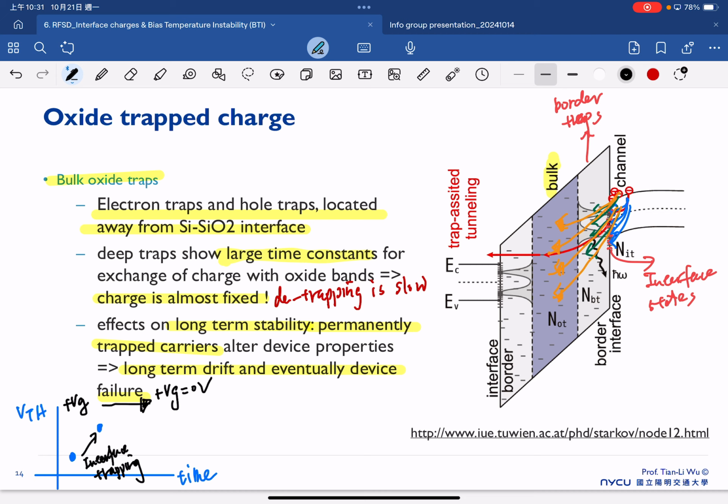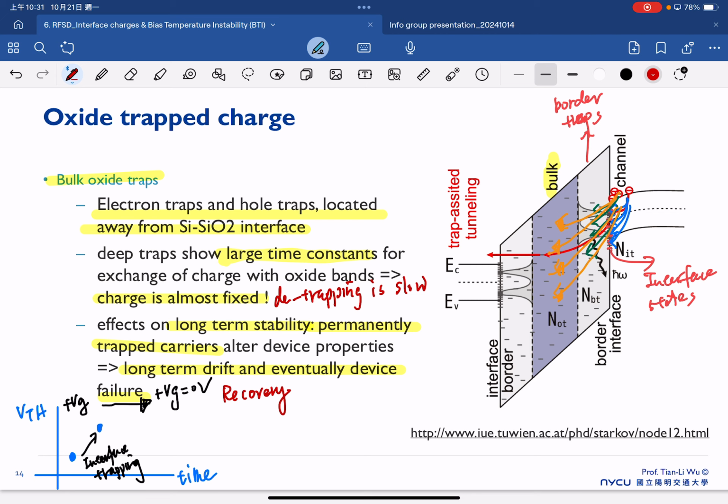So this is recovery understanding. We try to look at the recovery characteristic. Of course, this is interface trap, so we expect that the trapping time constant is small, so you can trap in, but immediately after a certain time you can see the electron detrapping.